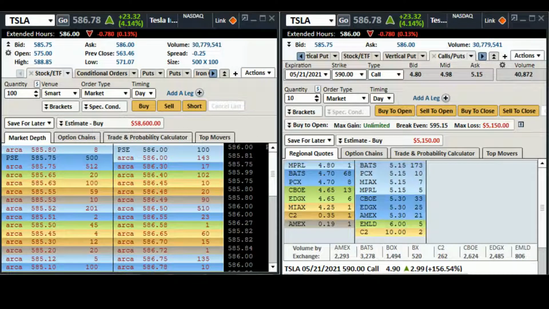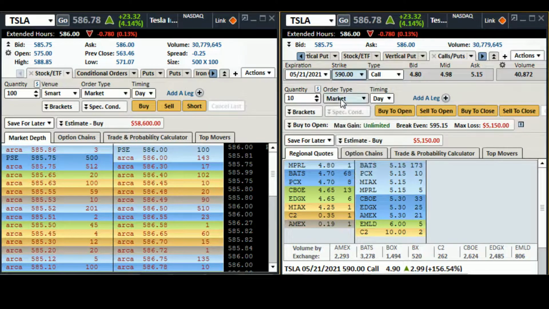So, for example, if you wanted to trade Tesla, just whatever examples here in the chart, and I'm using Schwab. What you see on the left side is the common stock, and in the right window on your screen, the one next to it, you see the options. Now, my options are always set for the first out of the money strike.